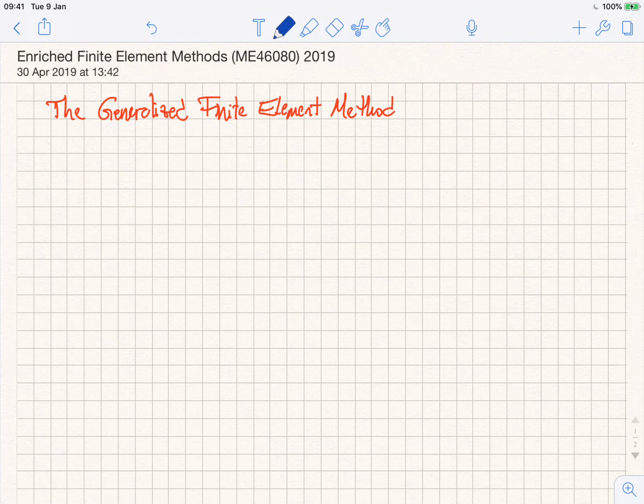So before we get into the definition of the enriched space, we need some preliminaries, okay? So math is not going to get so messed up as in advanced FEM. So bear with me a few minutes, and then we start with what is the generalized finite element space. So as I said, this is also known as the extended finite element method.